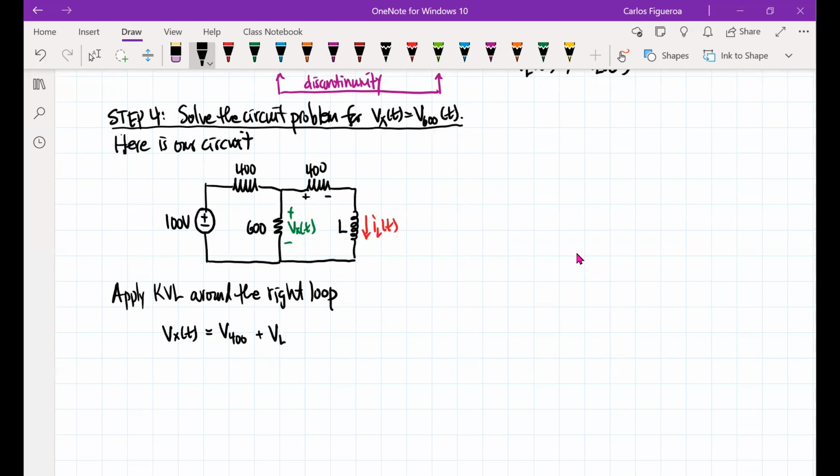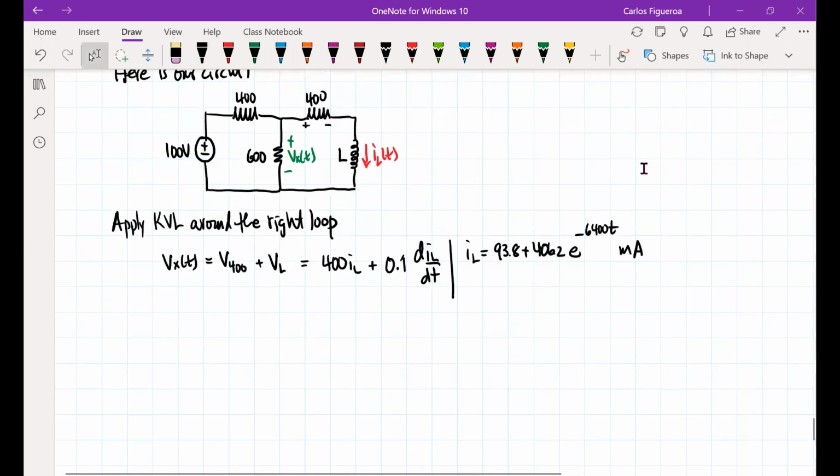Using Ohm's law, since the 400 and the inductor are in parallel, that has to be 400 times IL, and then I have to take the derivative of the inductive current to do that. And again, IL is 93.8 plus 406.2 e to the minus 6400 t in units of milliamps.